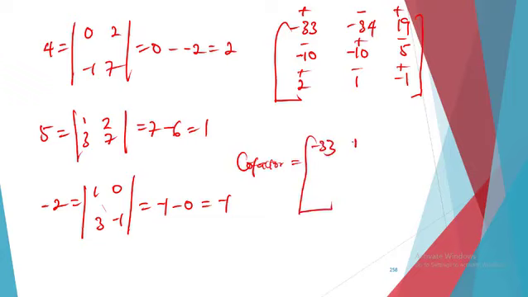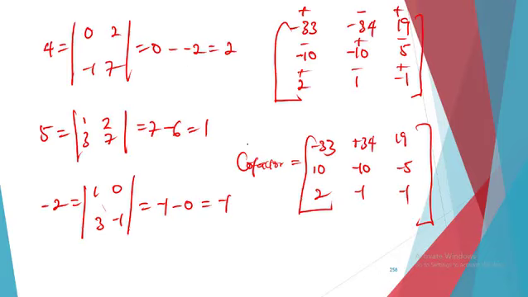This will give us plus 34. This is 19. And then this will give us 10, because minus minus will give us plus 10. And this is minus 5. This is 2. This is minus 1. And this is minus 1. And that's our cofactor. Then step 3 is to find what? The adjoint.